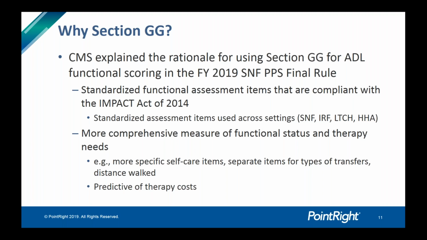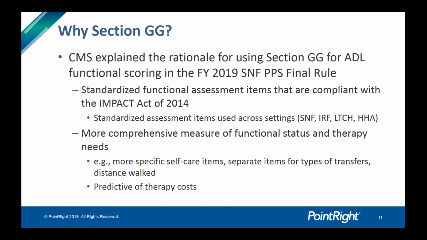And also, Section GG is a more comprehensive view of functional status and therapy needs, and what type of activities are predictive of therapy costs in the facility. So, for example, the self-care items are a lot more split out, different aspects of personal hygiene, different aspects of dressing, because upper body dressing is a lot different from lower body dressing, different types of transfers, the distance walked are a lot more specific.